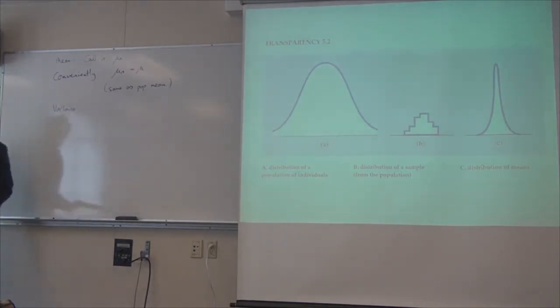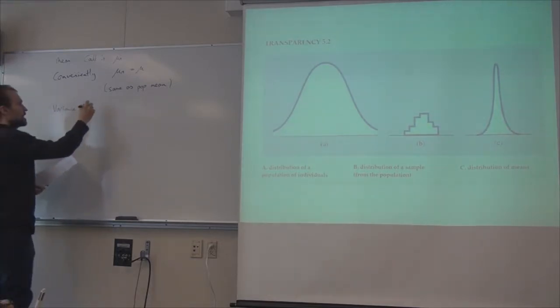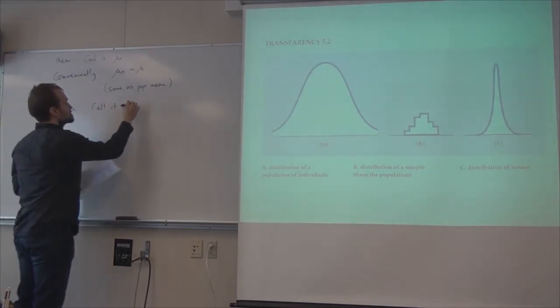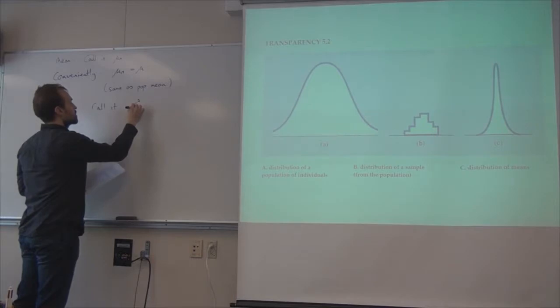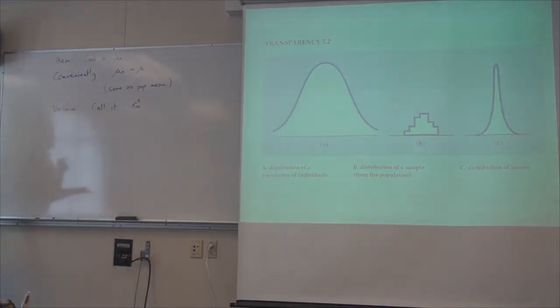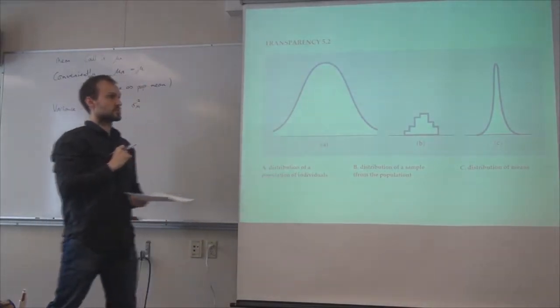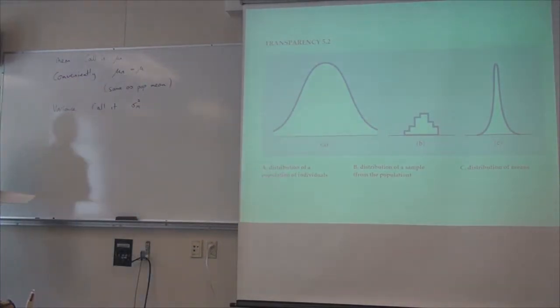So the rule is that the variance for my distribution on the right, the distribution of sample means, we'll call it sigma squared with a little m, to indicate that it's the distribution of means, not the distribution of individuals in my population.